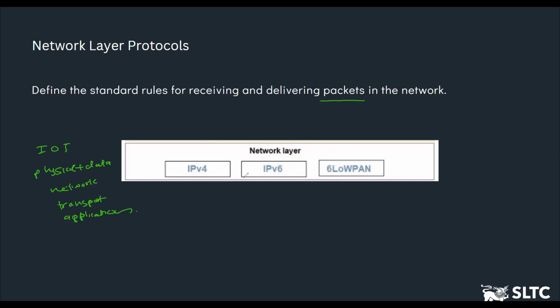These data packets must follow IP addressing protocols, IPv4 and IPv6. Another protocol that can be followed is the 6LoWPAN protocol, which can be used in constrained environments, right? We will talk about that next.